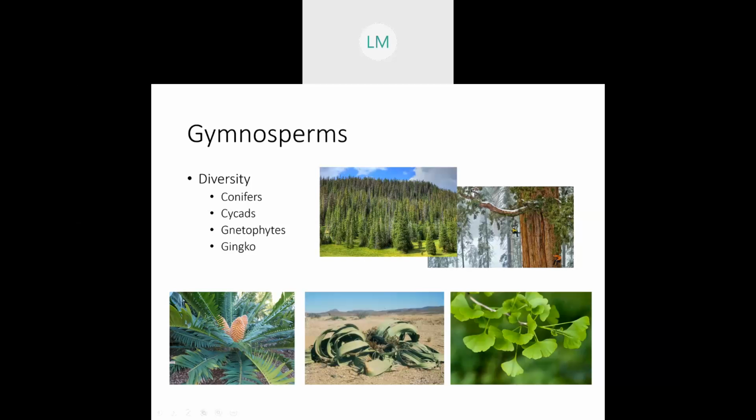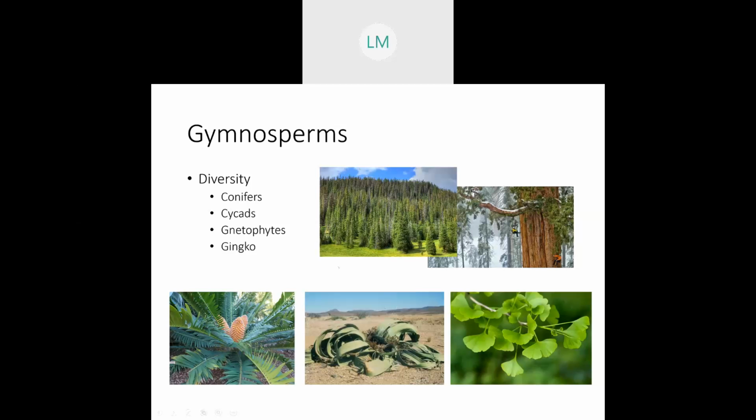So we have these types of plants down here. These are called cycads. They're kind of low to the ground and they have these giant cones in the middle with these big fronds coming off. These plants here are a group called gnetophytes. They look very different than our conifers.